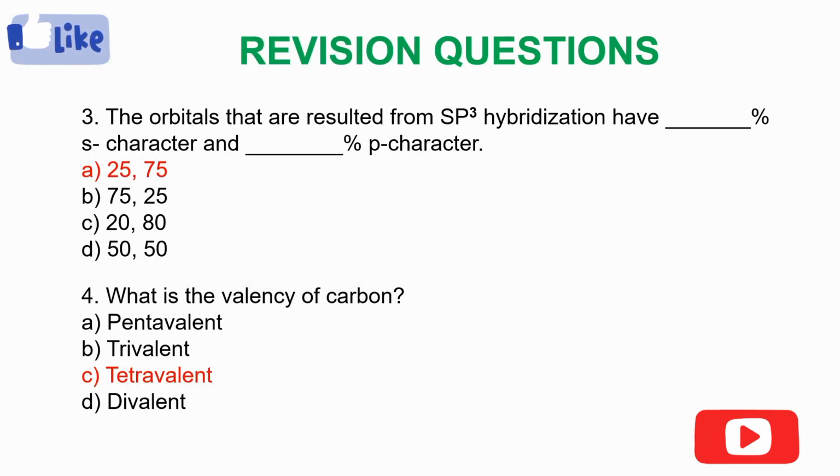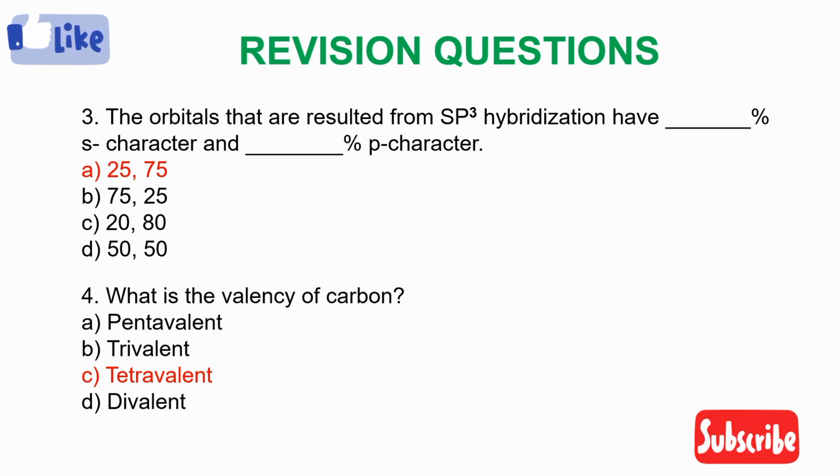The next question, the orbitals that result from sp3 hybridization have what percentage S character and what percentage P character. Remember, sp3, the S and P are in the ratio of 1:3, so S will have 25, while P will have 75 because P is more.